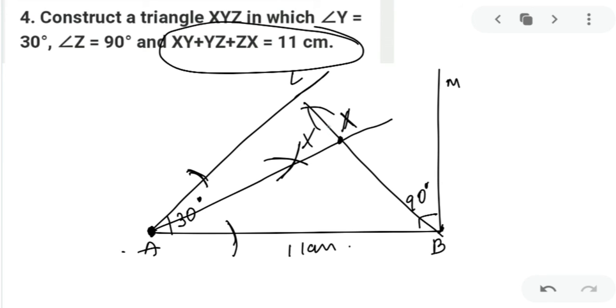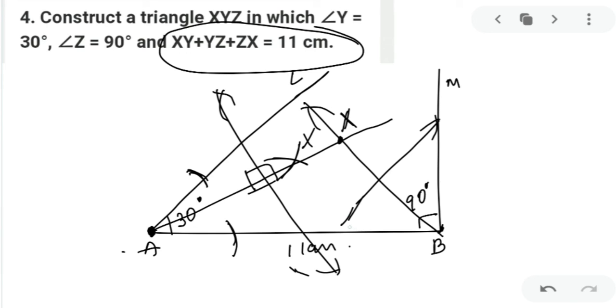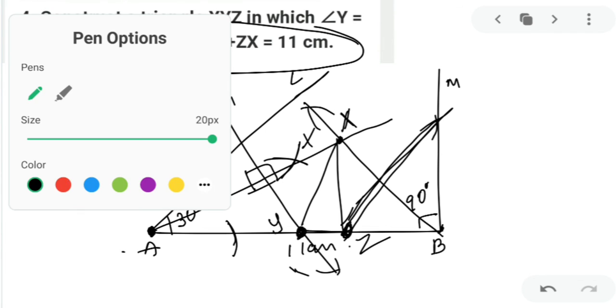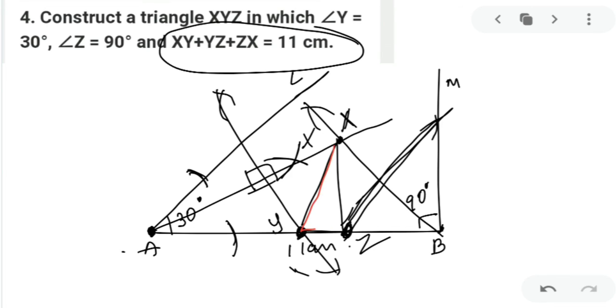Now in this, my dear kids, you have to take the perpendicular bisector of XA and XB. And wherever they intersect your base, you have to name those points as Y and Z. Now join XYZ, and my dear kids, your required triangle will be ready.